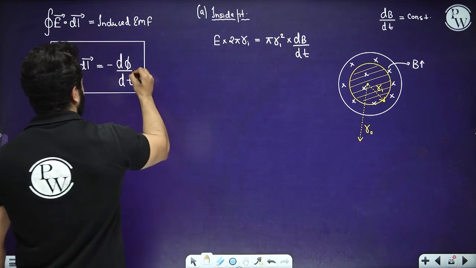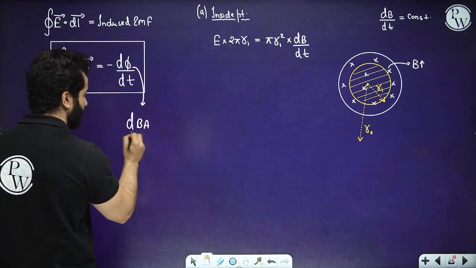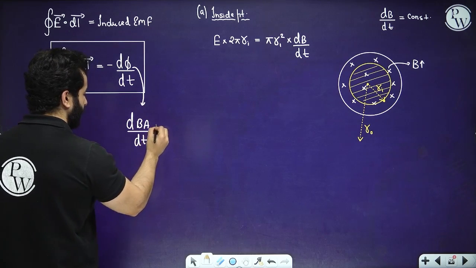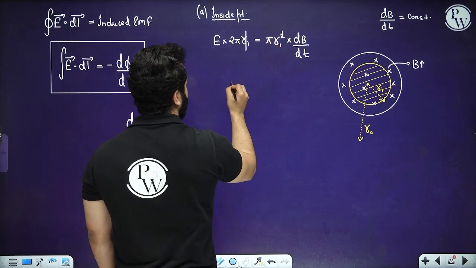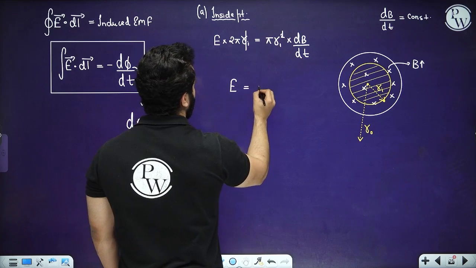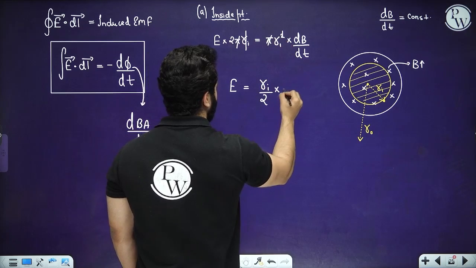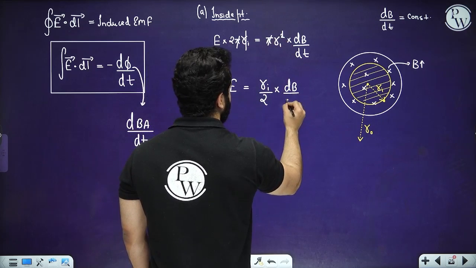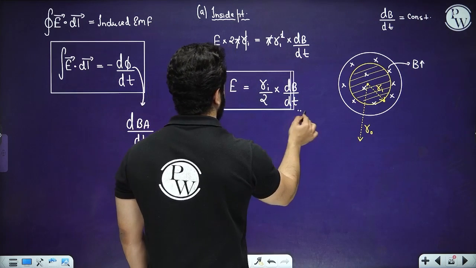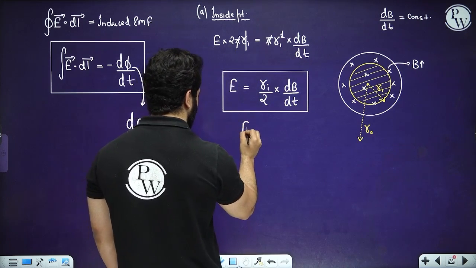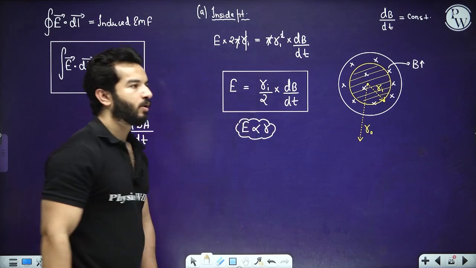Because this flux is nothing but dB A cos theta, cos theta is 1 by dt, and the area is constant, so we have taken it outside. So the electric field will be, pi can also get cancelled out, R_I by 2 multiplied by dB by dt. This means that the electric field is directly proportional to R till you reach the surface, right?